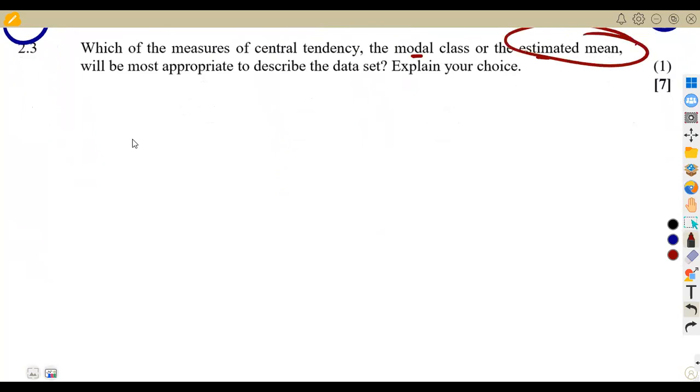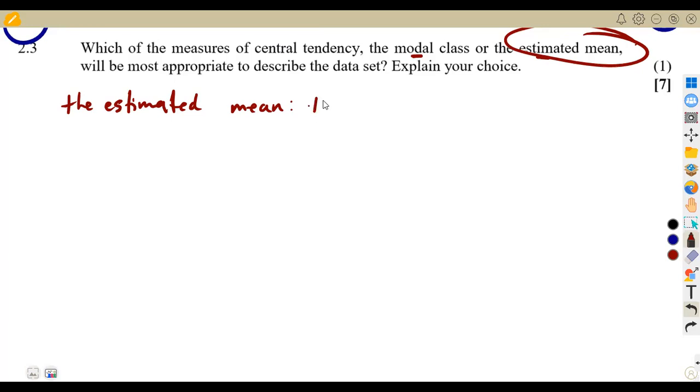It is the best measure of central tendency, all right? Why are we saying it is the estimated mean? Because the estimated mean is found at the center of the data, the central part, all right?